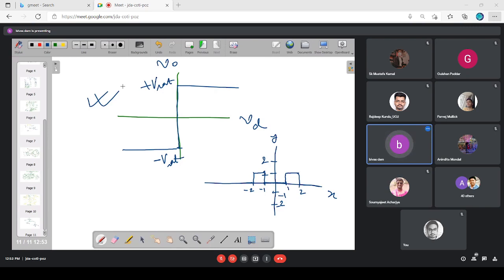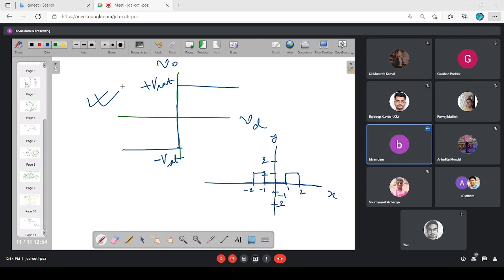Now, what is the significance that the input difference voltage is positive? The non-inverting is greater than inverting. The non-inverting input terminal potential is at a higher level than the inverting input terminal potential. Reverse will be the case when the VD is negative.